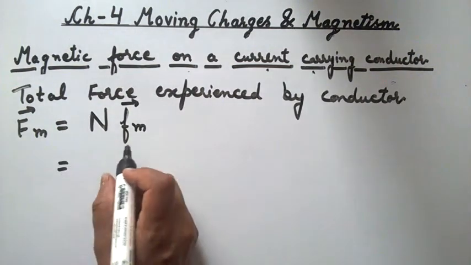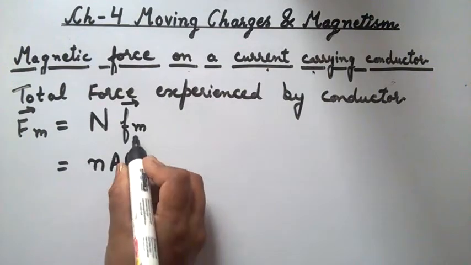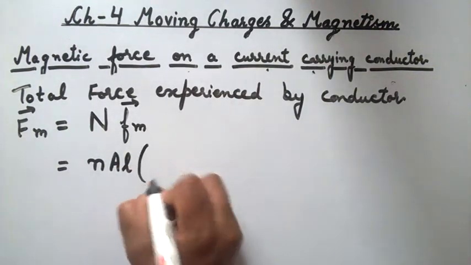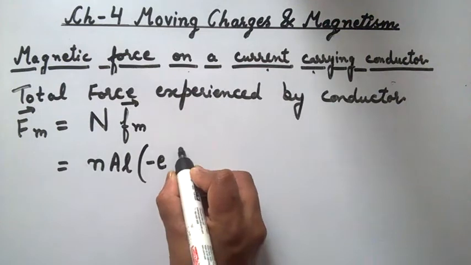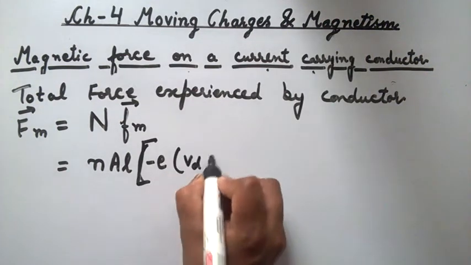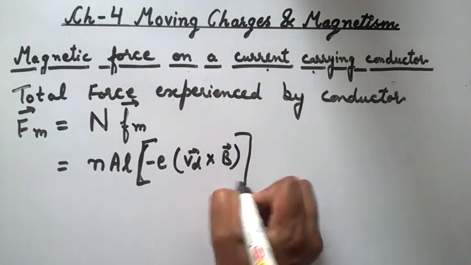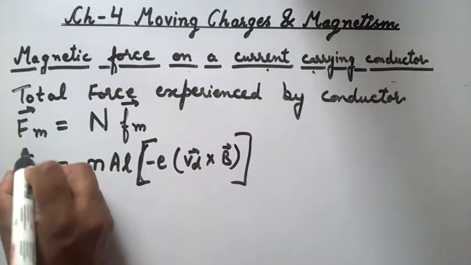And from equation number 2, it is equal to nAL, and Fm from equation number 1 is minus e Vd cross B. This is equation number 3.